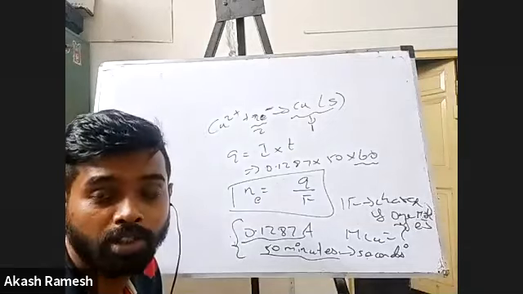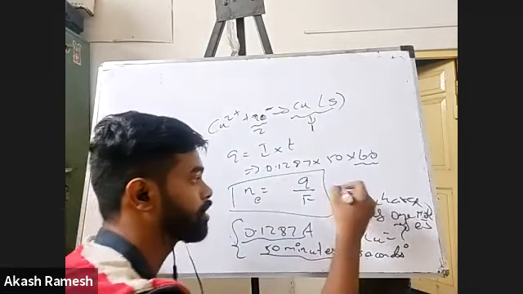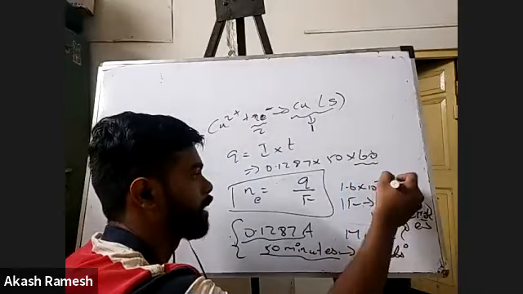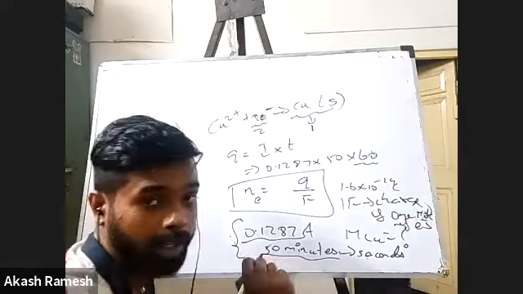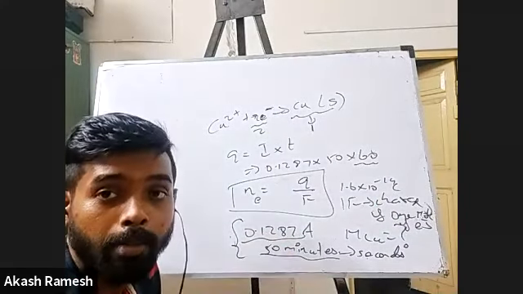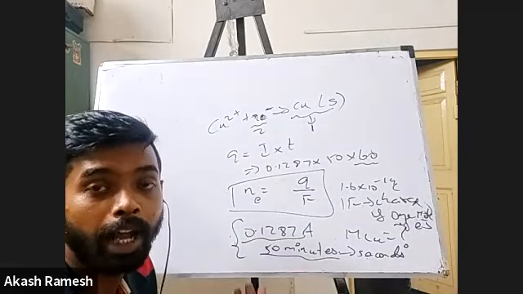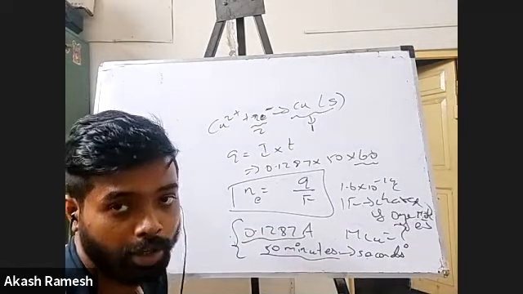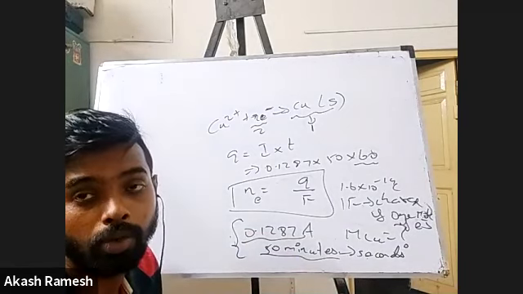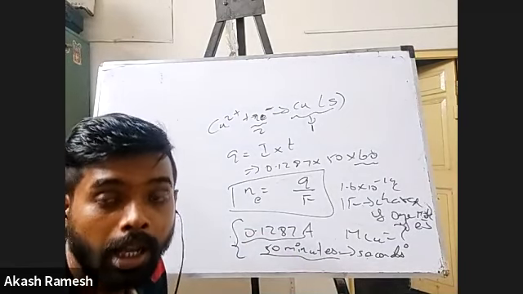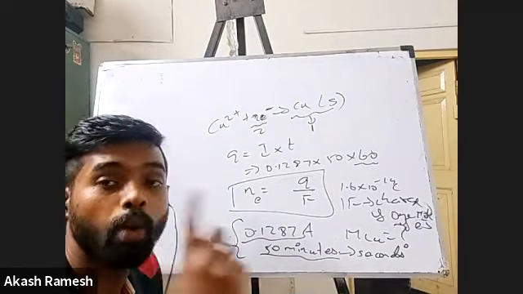We know the charge of 1 electron is 1.6 into 10 to the power minus 19 coulomb. And in 1 mole of electron, I will have Avogadro number of electrons, that is 6.023 into 10 to the power 23.